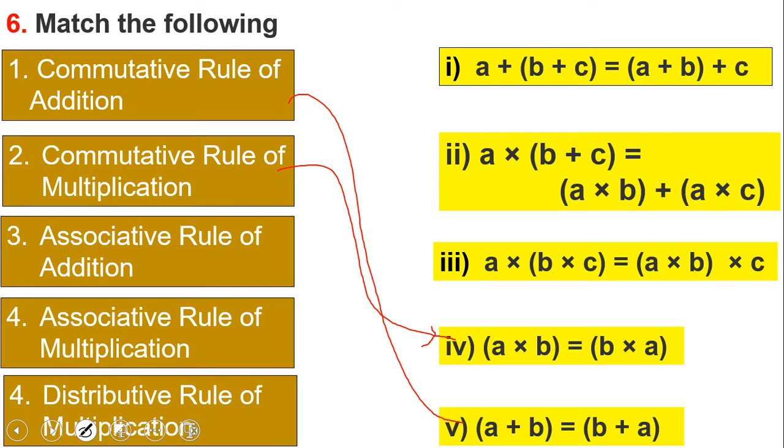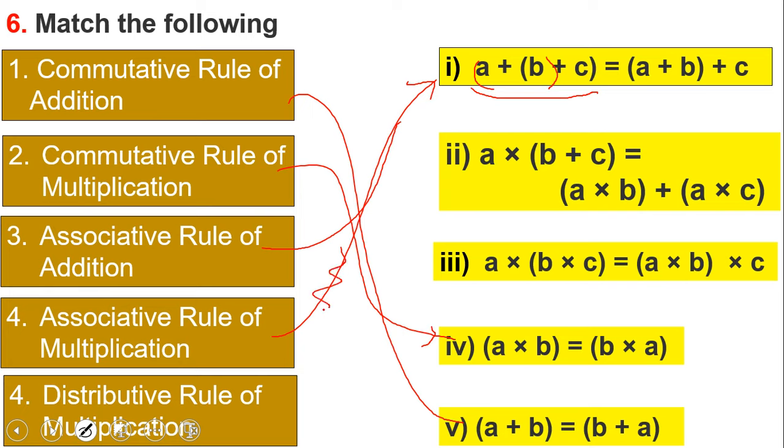Then associative rule of addition is what? 2 plus bracket 5 plus 2. Okay, means this associative rule of addition, that is a plus b plus c in bracket is equal to a plus b plus c. Sorry, associative rule of addition, this one.